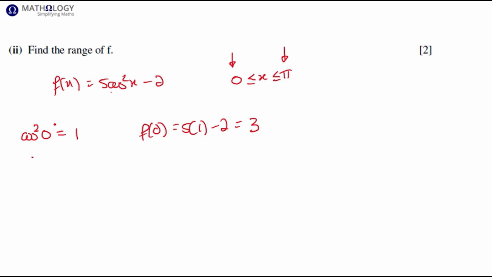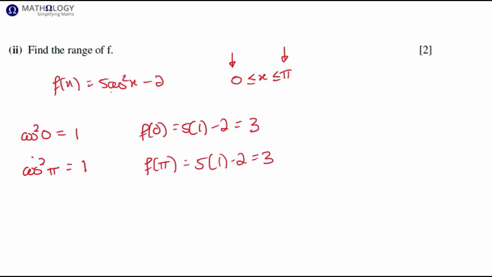When x equals pi, cos squared pi will equal, cos pi is negative 1, negative 1 squared is positive 1. So for both x equals 0 and x equals pi, the function f of x has a value of 3.